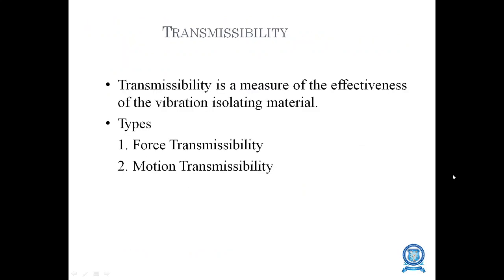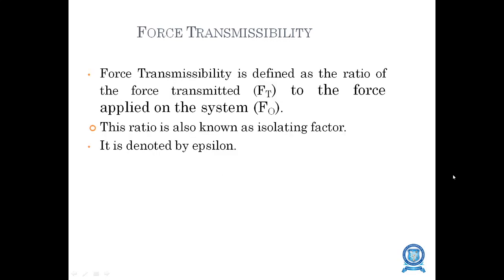Next is the transmissibility, which is the measure of the effectiveness of the vibration isolating material. Two types of transmissibility are present: force transmissibility and motion transmissibility. Force transmissibility is defined as the ratio of force transmitted to the force applied on the system. This ratio is also known as isolating factor.